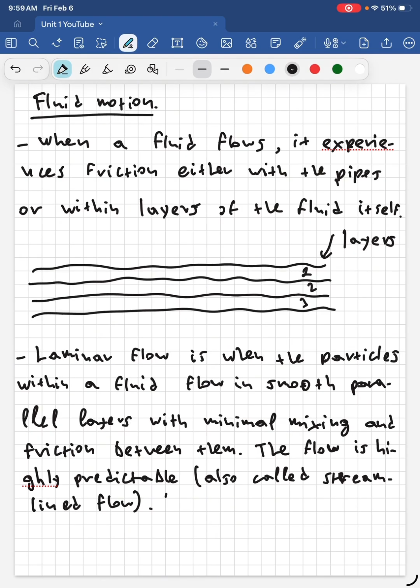It occurs at low velocities, and there are no cross currents.